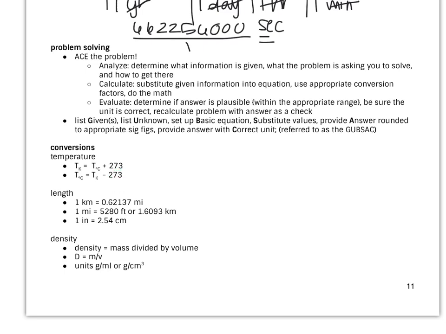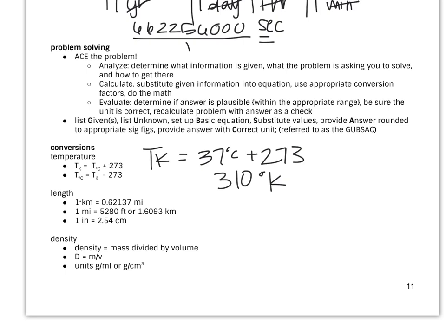Okay, so for example, if we were trying to figure out the temperature in Kelvin of our human bodies, we would add 37 degrees Celsius plus 273, and we'd get 310 degrees Kelvin. Okay, if we had Kelvin instead and wanted to get to Celsius, we'd just do the opposite and subtract.